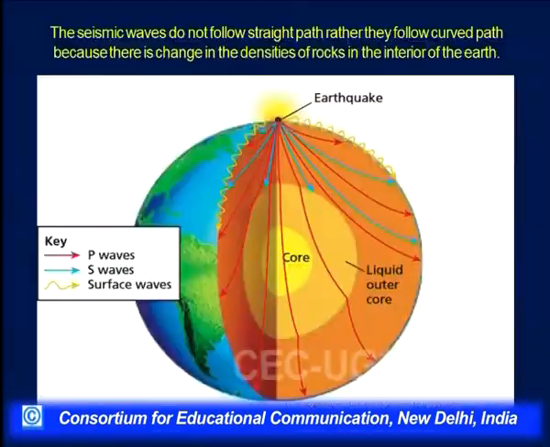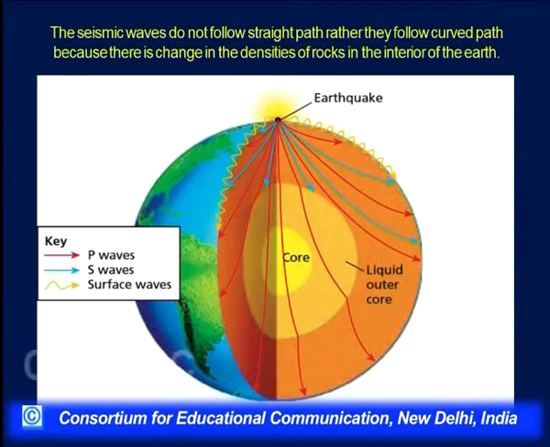So here we have this diagram where we say that the seismic waves do not follow a straight path, rather they follow a curved path, because there is a change in the densities of rocks in the interior of the earth.